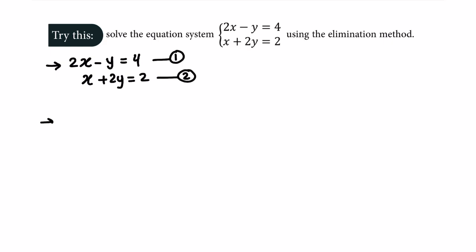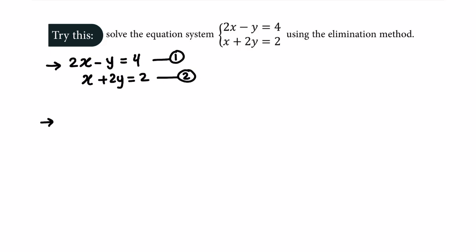So what I'm going to do: the elimination method focuses on multiplying one of those equations by a number, with a minus or plus sign, so you can cancel terms, okay? The cancellation process can happen. So you have to look at them. Which one you choose doesn't matter, but you should try something that can easily be done.